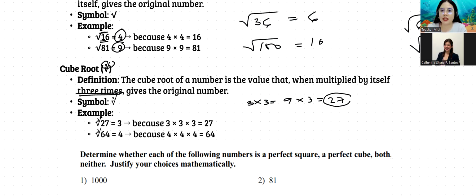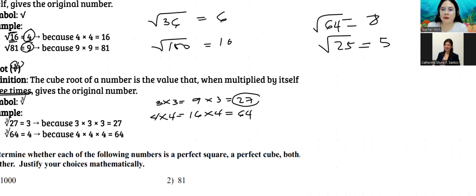Okay, so meaning to say the cube root of 27 is equal to 3. And then another one here is the cube root of 64. So think of a number that when you multiply thrice by itself, the number will give you 64. So that is 4 times 4, that is equal to 16, times 4, that's equal to 64. How about this one, Kate? Think of a number that when you multiply thrice by itself, the result is equal to 8.